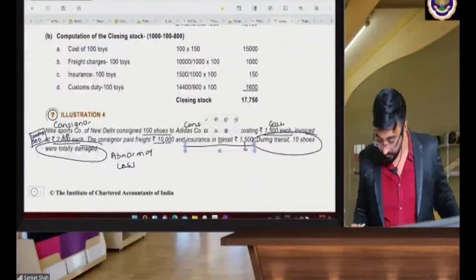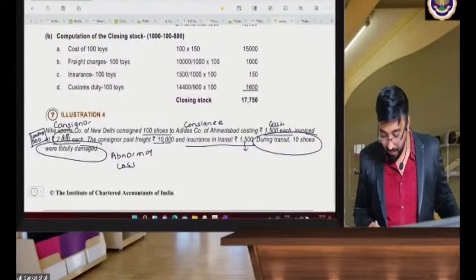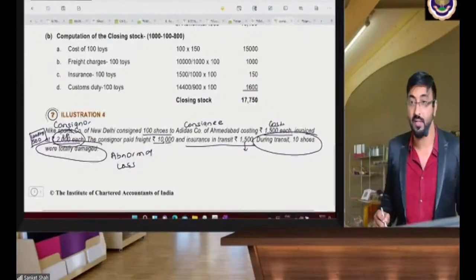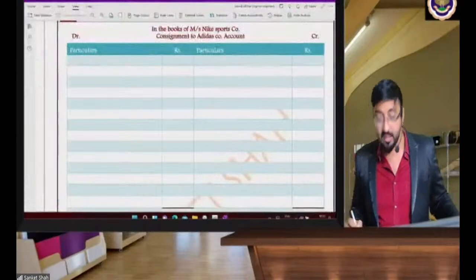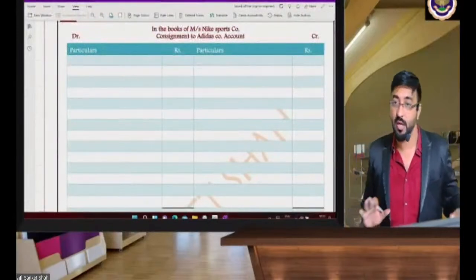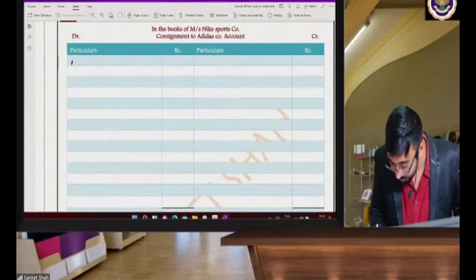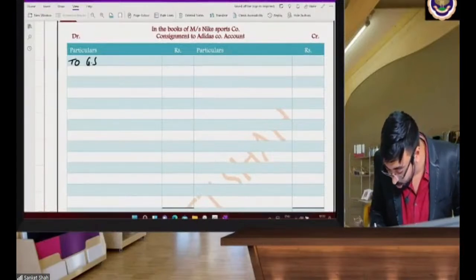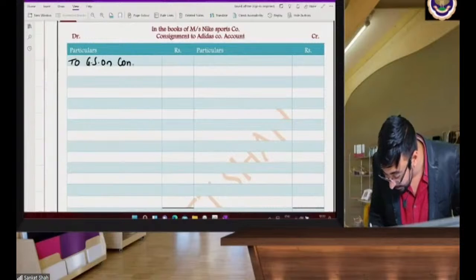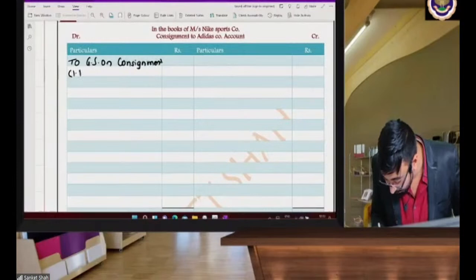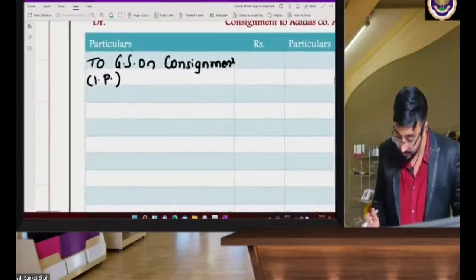First entry: we will pass this entry at invoice price. Whenever an invoice price problem is there, you have to record in the same way. What is the first entry? Consignment account debit to goods sent on consignment, and this you have to record at invoice price.